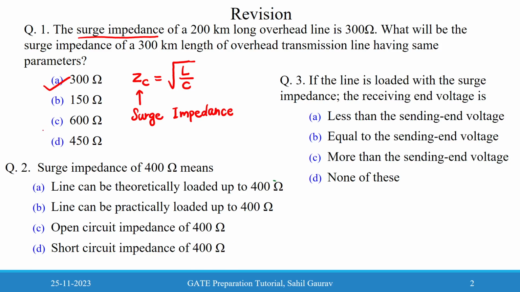So we have seen about surge impedance. It defines how much you can load a transmission line, theoretically. So A is the correct option.